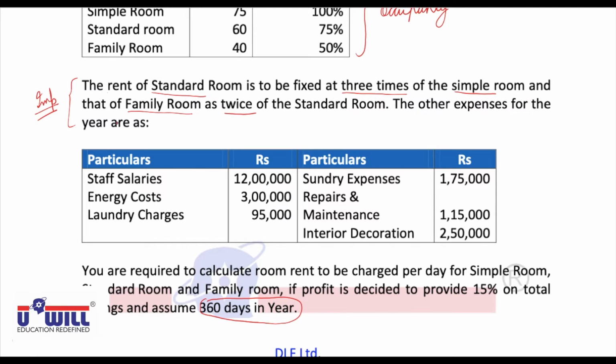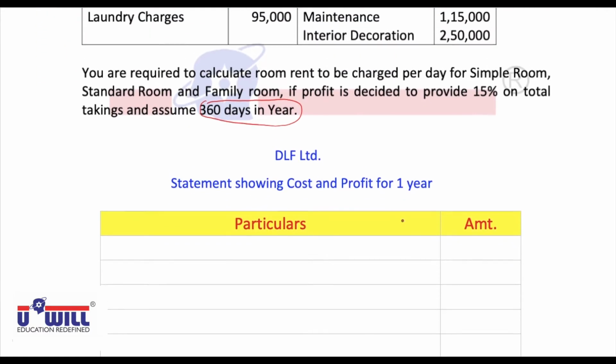The other expenses for the year are as follows. Since the expenses are given for the year, we will be making the statement for 1 year. The expenses are staff salaries, energy costs, laundry charges, sundry expenses, repairs and maintenance, and interior decoration.